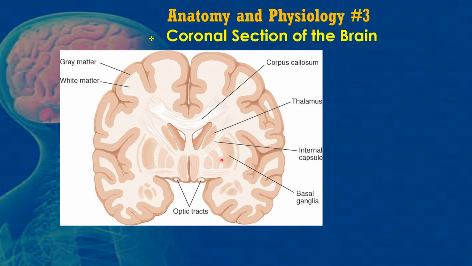The internal capsule is a white matter structure where myelinated fibers converge from all parts of the cerebral cortex and descend into the brain stem. The brain stem, which connects the upper part of the brain with the spinal cord, has three sections: the midbrain, the pons, and the medulla.